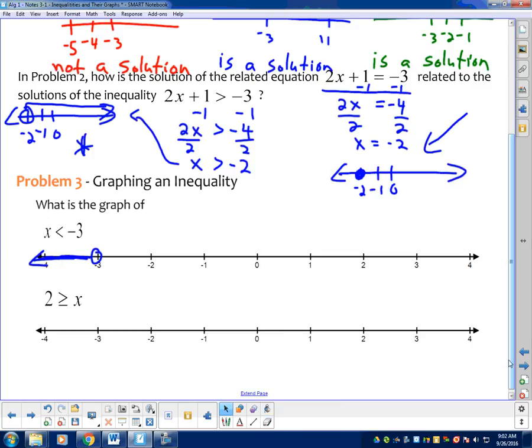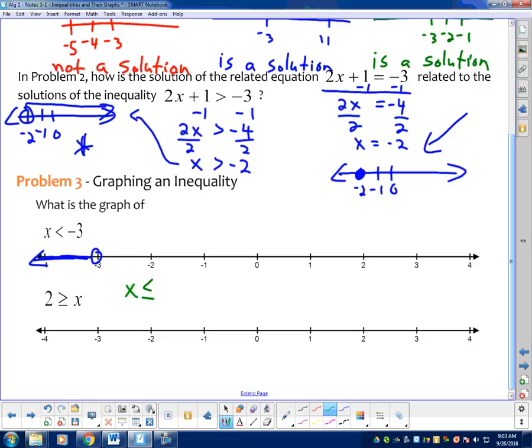As a matter of fact, on this second one here, if you read from the variable's perspective, it would say x is less than or equal to 2. If you want to make sure you get your shading right, just switch that thing around. Go ahead and write it with the X first. Now, when you switch it around, make sure that it's still pointing in the same direction with regard to the variable.